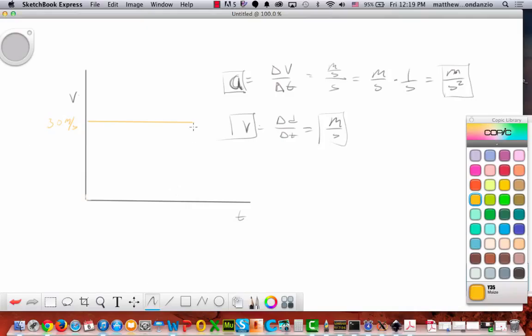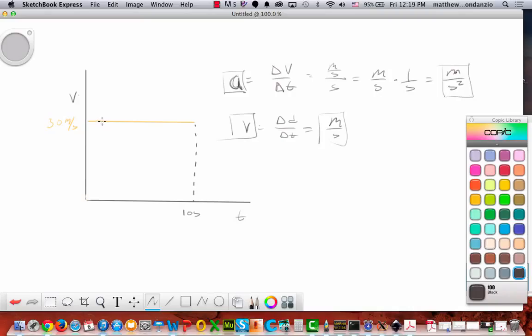And let's say I traveled for 10 seconds. How far did I travel? I was traveling 30 meters per second for 10 seconds.